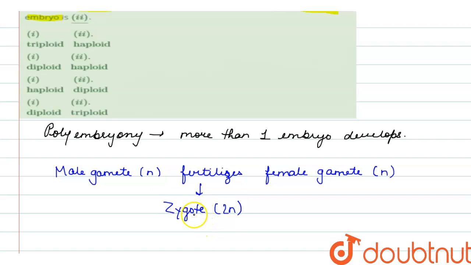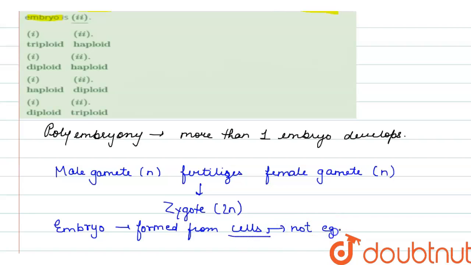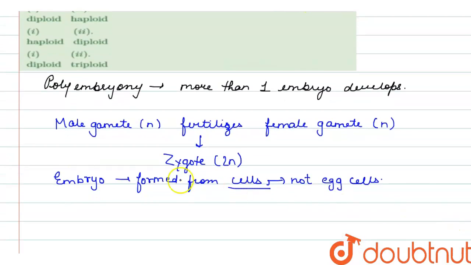Alright. However, when an embryo is formed from cells other than egg cells, it occurs without any fertilization.